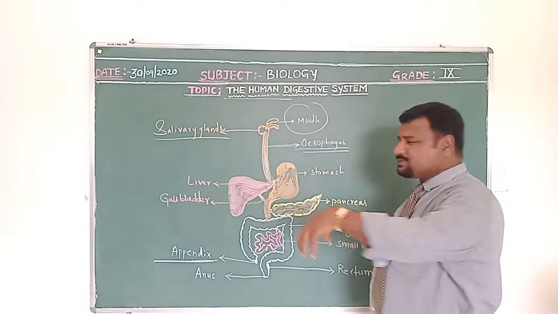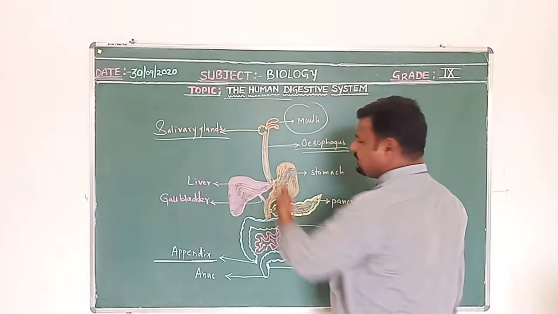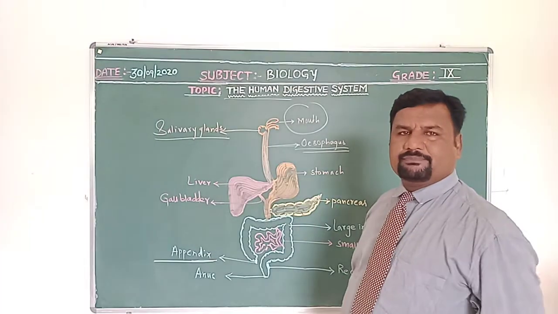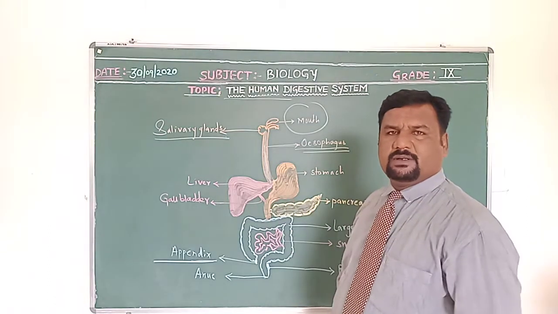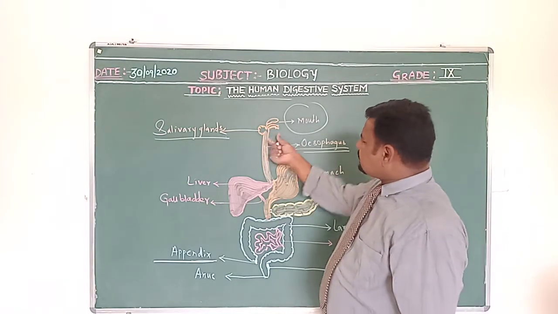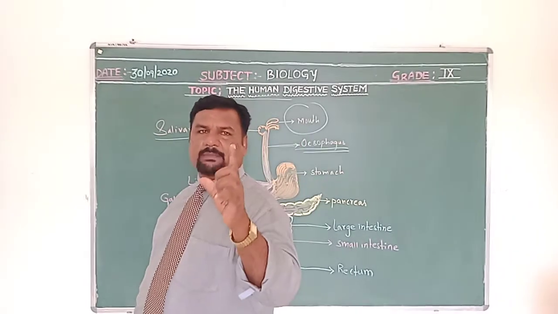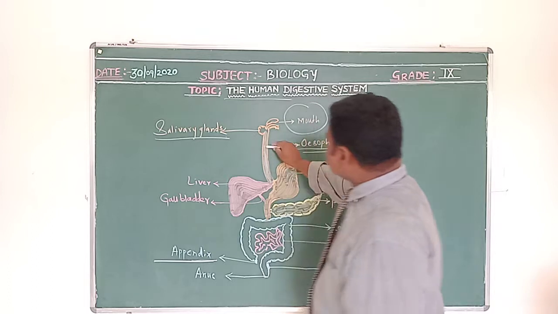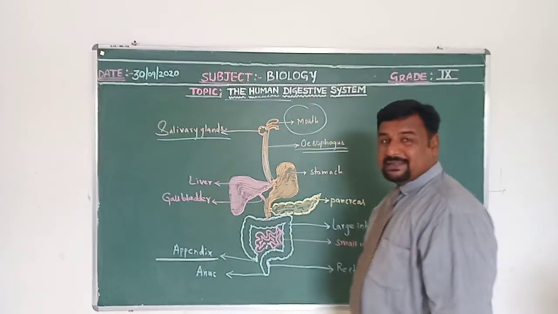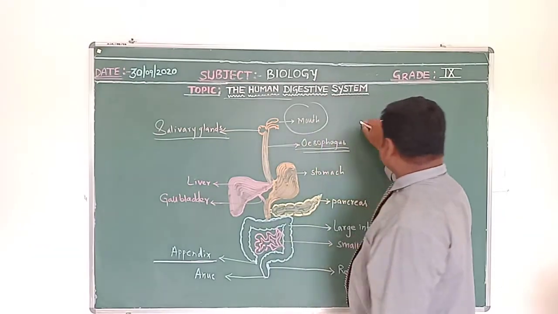When we swallow, the food comes down from the mouth to the esophagus, and the esophagus shows a movement. The movement produced by the esophagus is called peristaltic movement. Which movement?